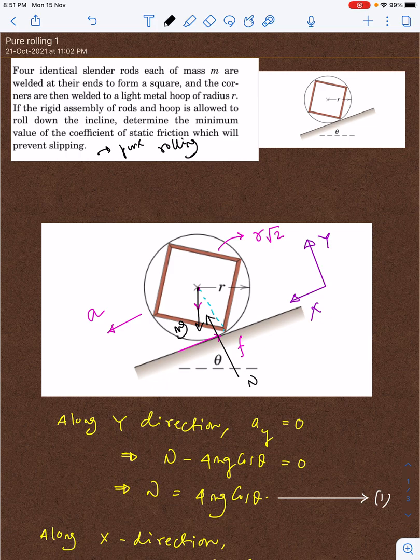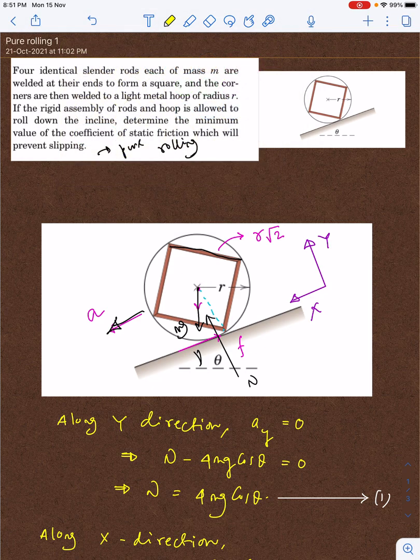Along the plane we have considered the x-axis, and perpendicular to the inclined plane the y-axis. This angle is theta, so the normal reaction is acting through this point, given as N, and it is coming down with acceleration a. With a little bit of geometry, the length of the cylinder bar will come to be r root 2, whereas the perpendicular distance from here will become r by root 2. Anyway, so now let us frame the equations.